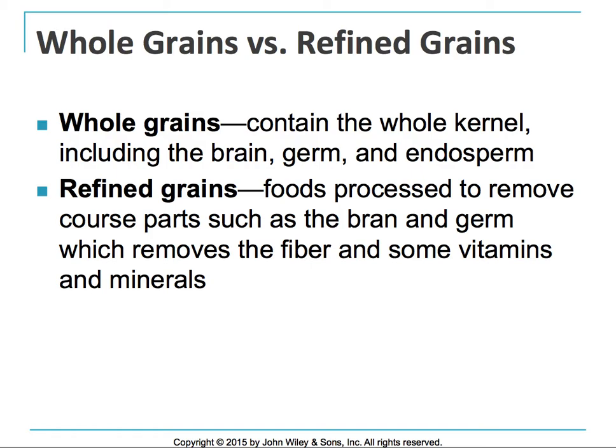Whole grains contain the whole kernel, including bran, germ, and endosperm, whereas refined grains are foods that are processed to remove coarse parts such as the bran and germ, which removes the fiber and some vitamins and minerals.